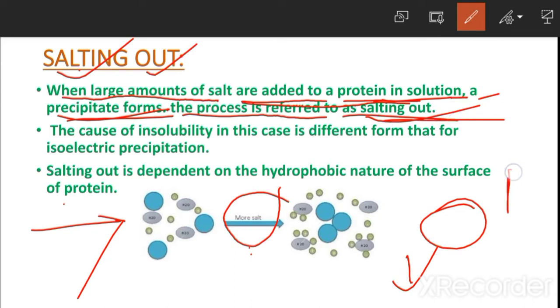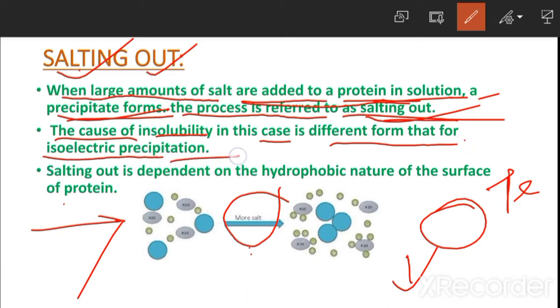But why does precipitation occur? Because the cause of insolubility in this case is different from isoelectric precipitation. Salting out is dependent on the hydrophobic nature of the surface of the protein. We know in protein, in the interior part hydrophobic nature is present and the outer part hydrophilic regions are present, but here you see the hydrophobic nature of the surface of the protein.